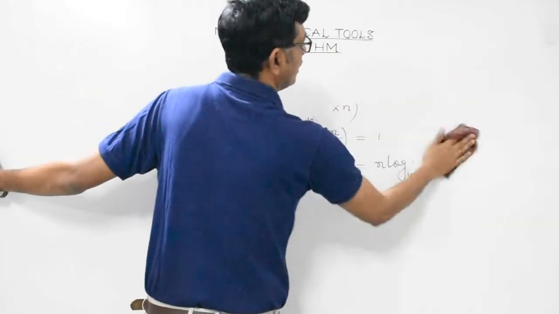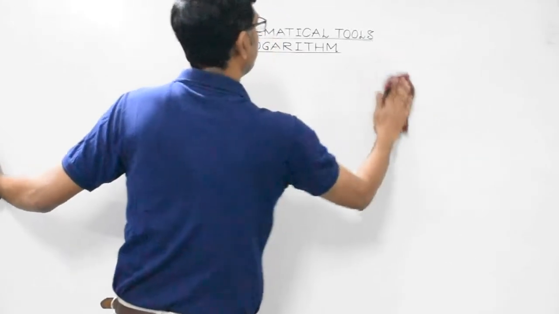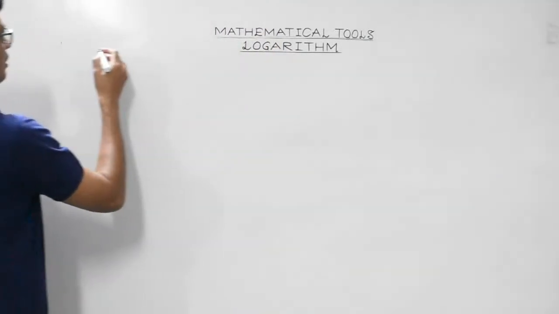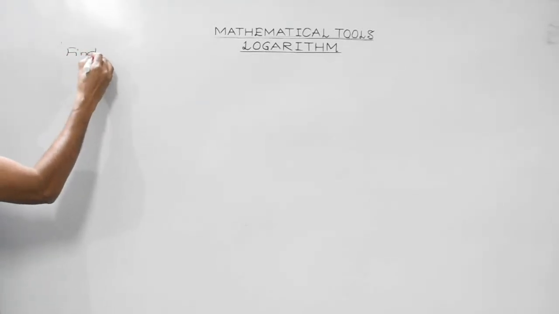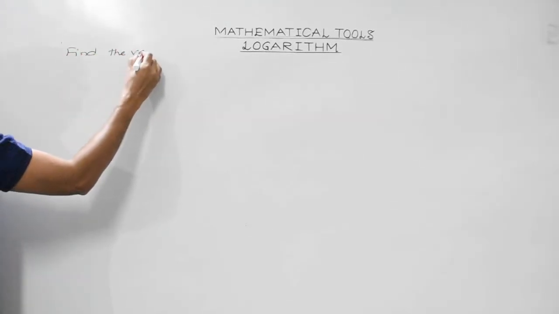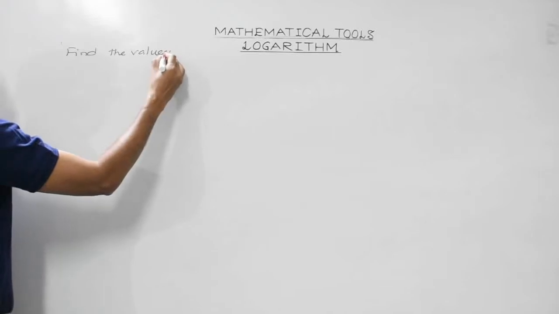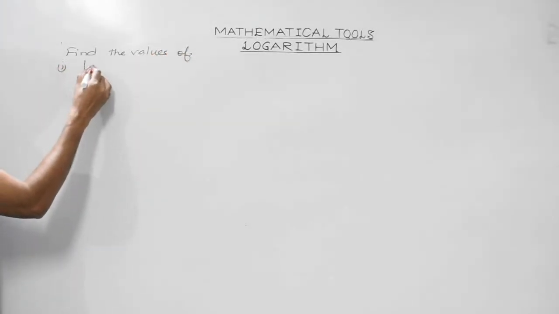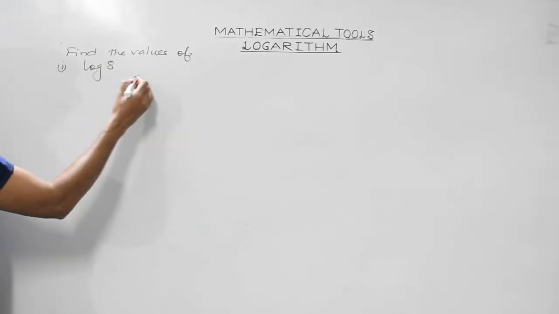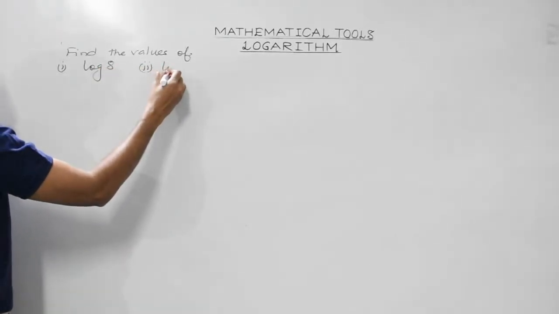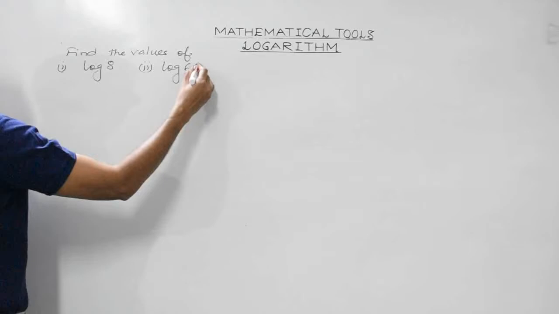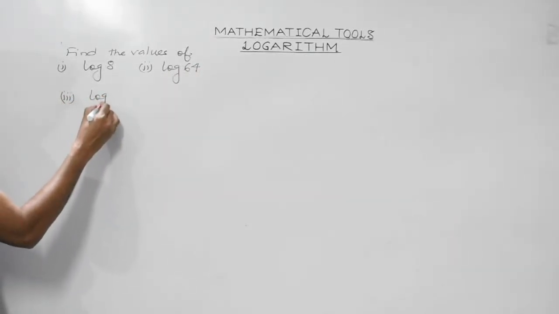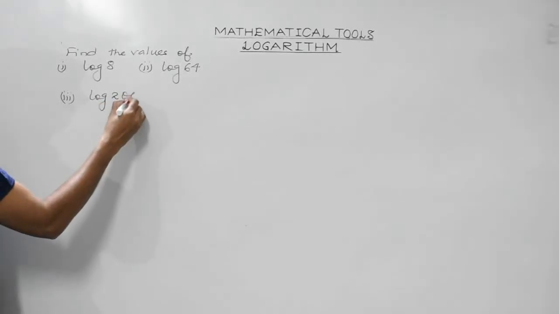Okay, let us find out the values of, say, log 8. These are the questions which we will be trying to attempt. Find the values of, first is log 8 without making use of logarithmic table, log 64, maybe log 200.